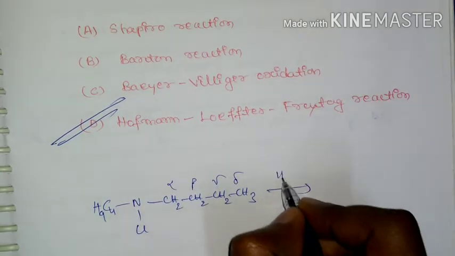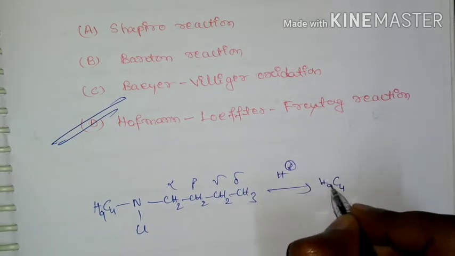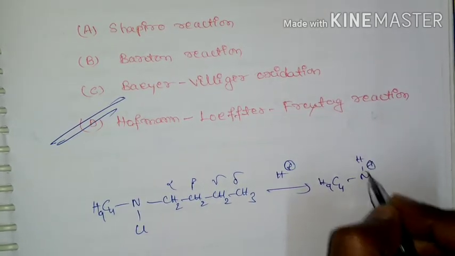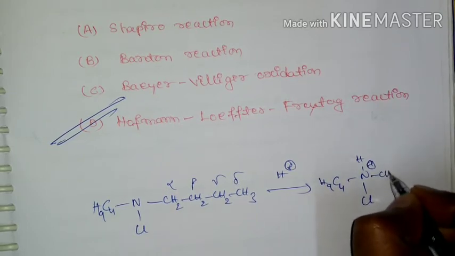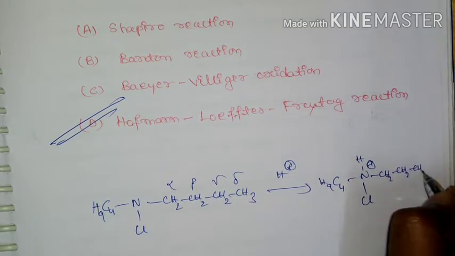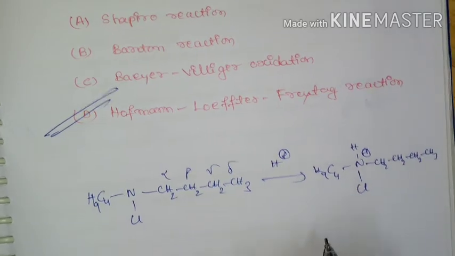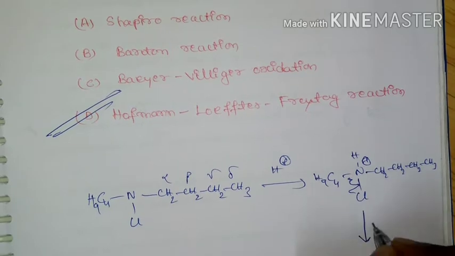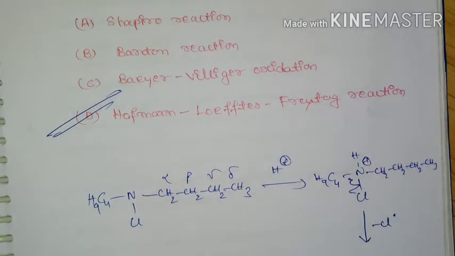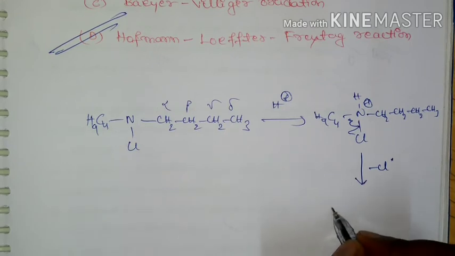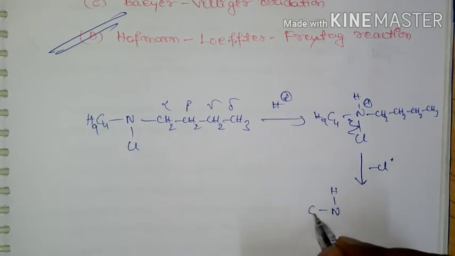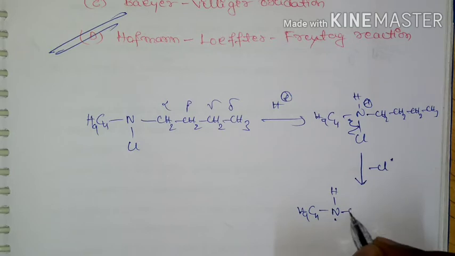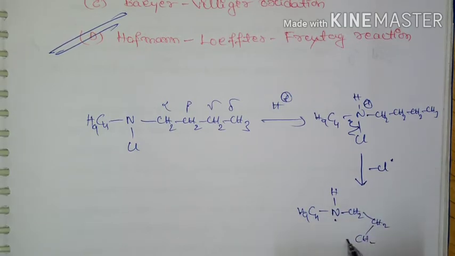Okay, so in presence of acid, C4H9, NH plus, Cl, CH2, CH2, CH2, CH3. And here what happens? This will be lost as a chlorine radical. Okay, and it is going to form C4H9 dot CH2, CH2, CH2, CH2, H.